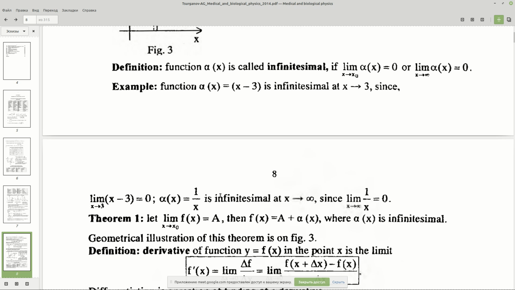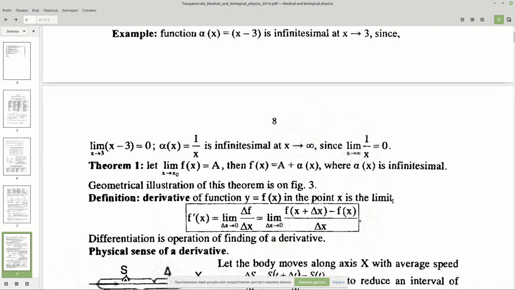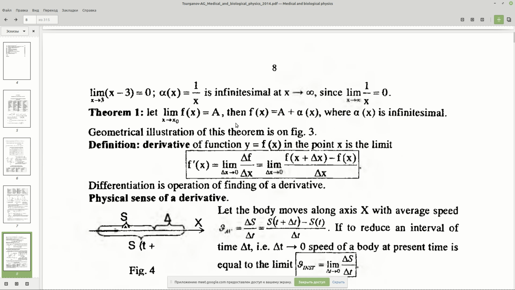So we have this theorem. If the limit of the function f of x equals a when x goes to x0, then the function f of x will be equal to a plus alpha of x, where alpha is infinitesimal. The geometrical illustration of this theorem is on figure 3.